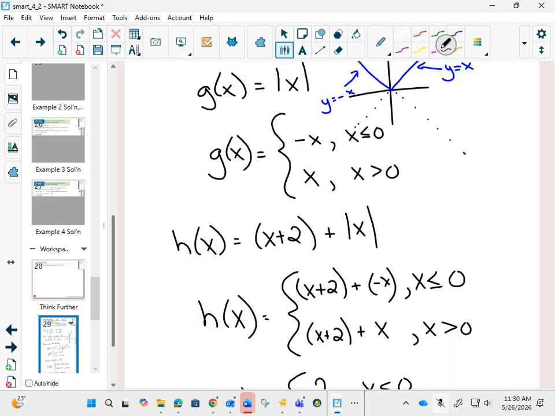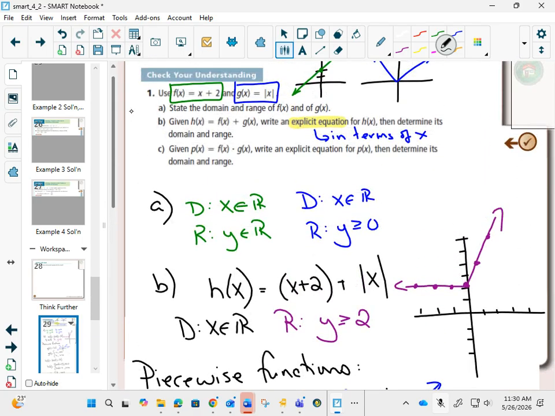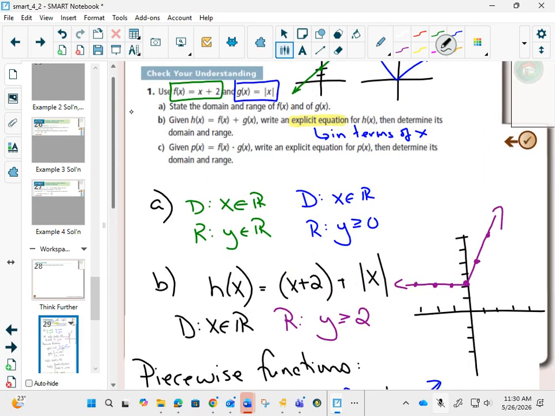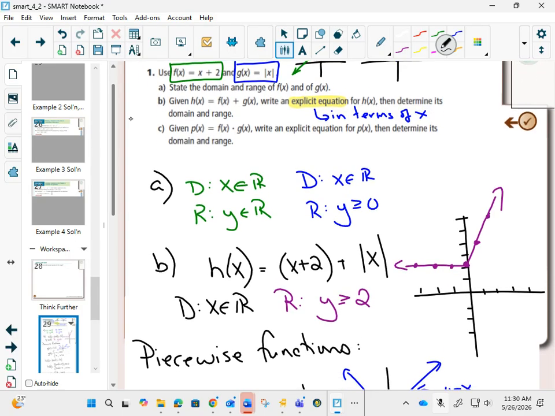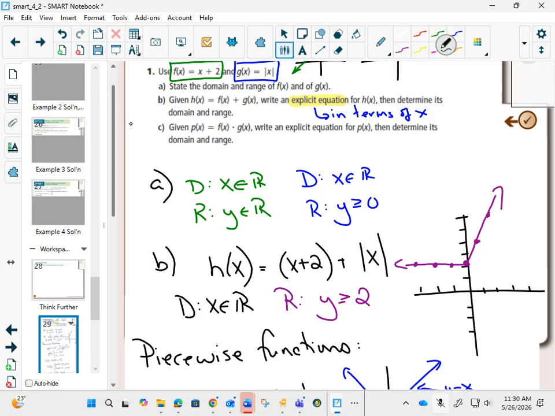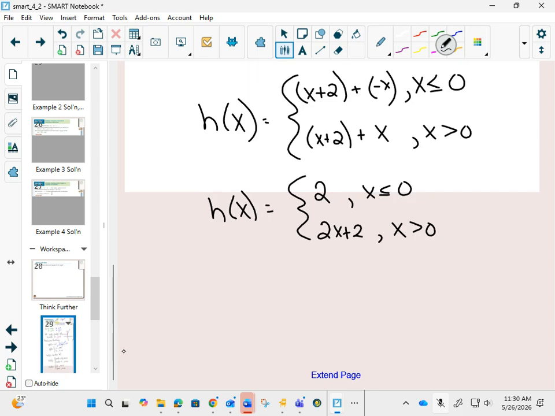Okay, that was a little bit of an aside on piecewise functions. Part C, oh, yeah, we've already figured out its domain and range. We've got the explicit equation. And for C, they want P of x. In fact, for P of x, I'm going to do the explicit equation, which was f of x, x plus 2 times g of x.